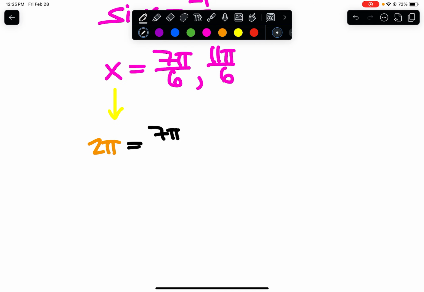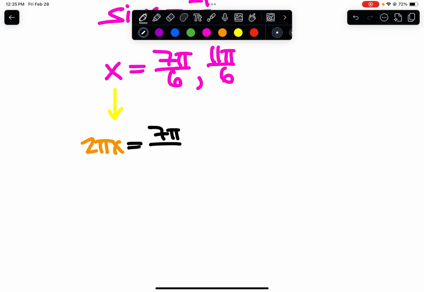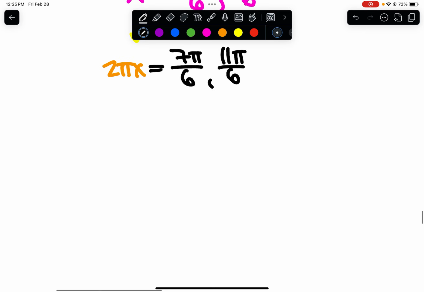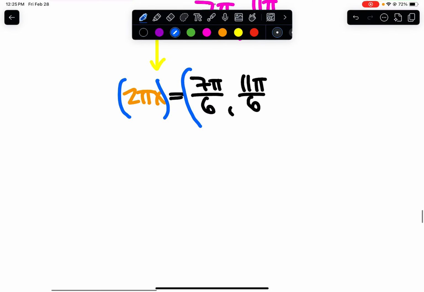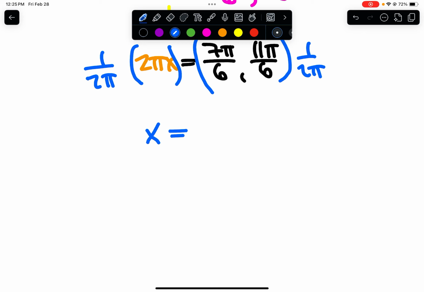So 2 pi x equals 7 pi over 6, comma, 11 pi over 6, which I'm going to now multiply everything by 1 over 2 pi, which means we're going to have x equals 7 over 12 and 11 over 12.